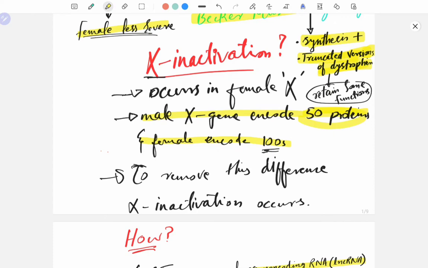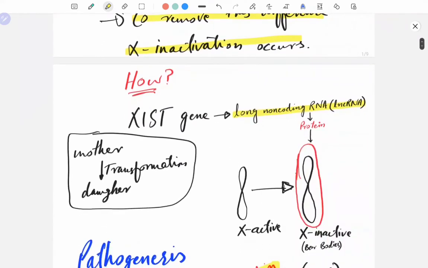To remove this difference, X inactivation occurs. One of the X chromosomes is inactivated to balance this protein production. And how does this occur? There is a gene, the XIST gene.